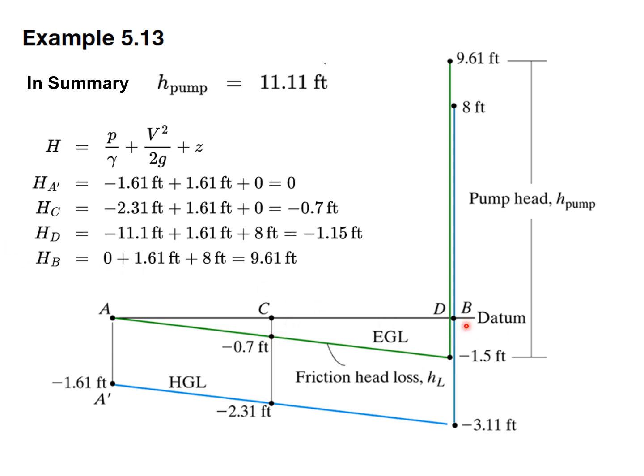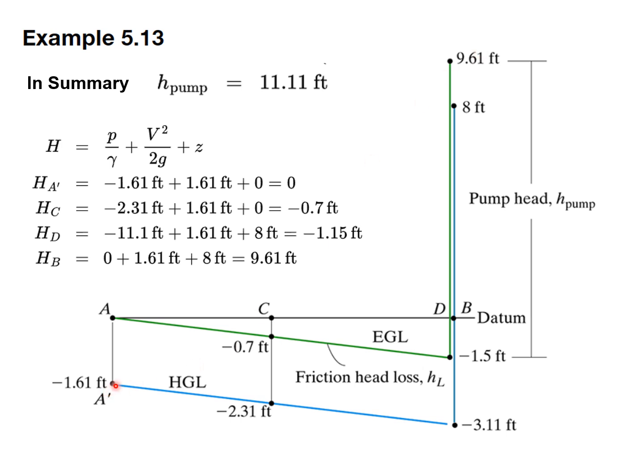And then at D, it drops down another 1.15 feet. And then at B, it jumps up by 9.61 feet because that's the value that we calculated. So it starts here at minus 1.5 feet, and we add H of the pump to it, which is 11.1 feet, and that gets you up to 9.61 feet.